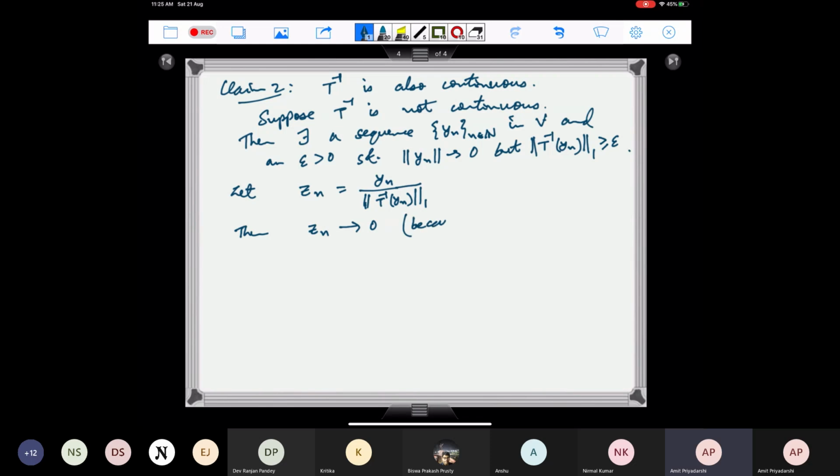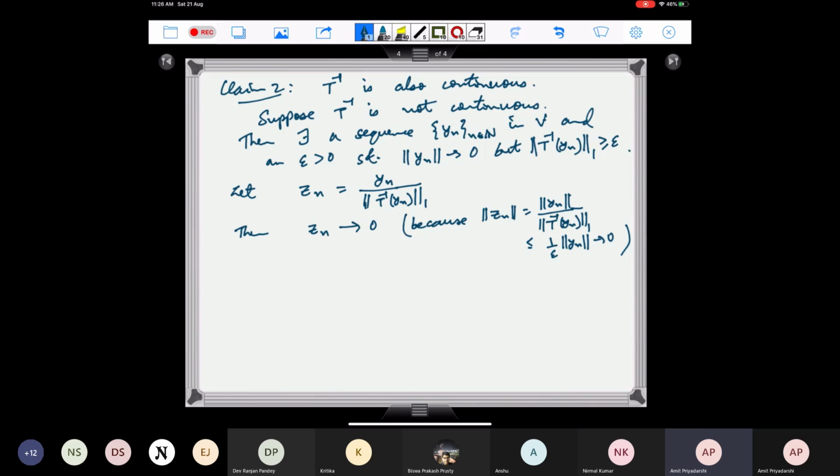If we look at norm of zn, this is equal to norm of yn divided by the one norm of T inverse yn. But the norm of T inverse yn is bigger than or equal to epsilon, so this will be less than or equal to 1 by epsilon times norm yn. And we have this sequence yn going to 0, so this goes to 0. So zn will converge to 0.